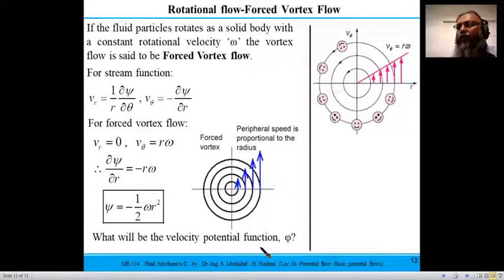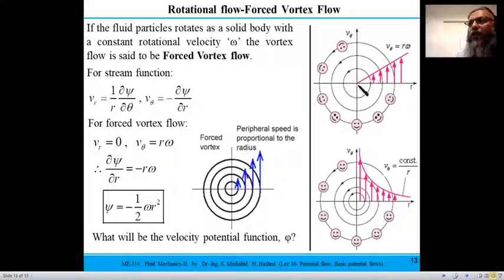You can compare the forced vortex and the free vortex like this. In forced vortex, tangential velocity is directly proportional to the radius, so rotation takes place and the particles are rotating as a solid body. But in irrotational flow, just like a Ferris wheel, your particle is like a box that remains vertical.